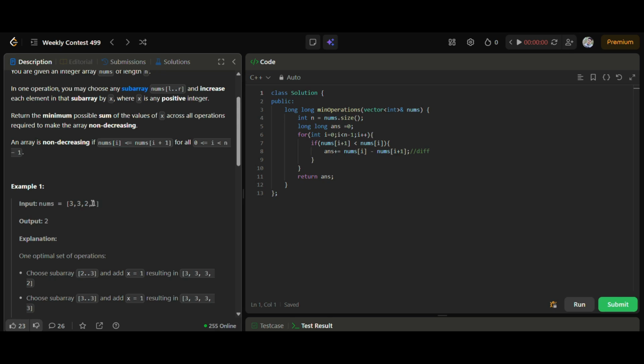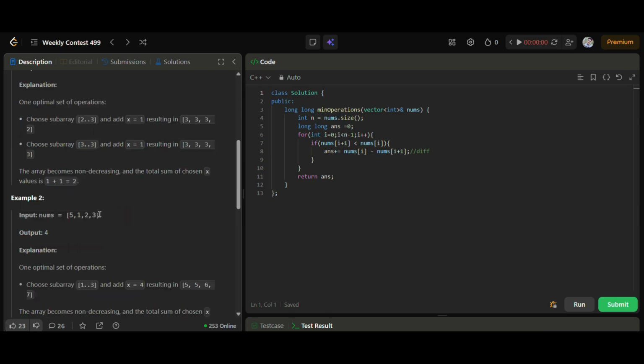Then you only use the 2 and 1, and add x value to them. Then add one extra, so all are made 3. Then another example, 5 1 2 3.